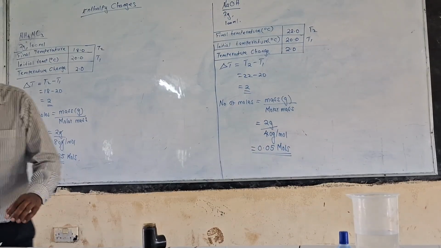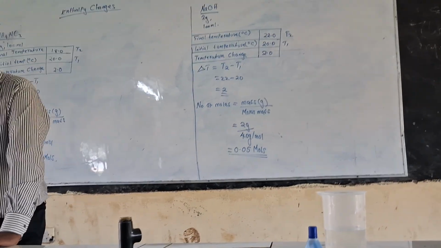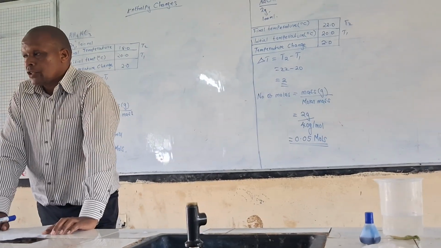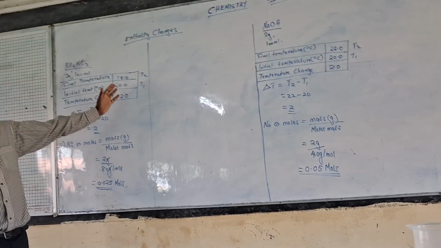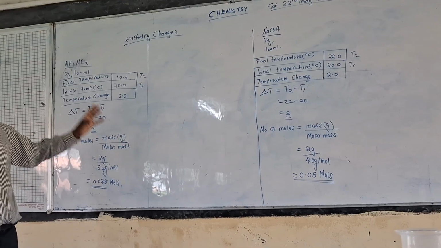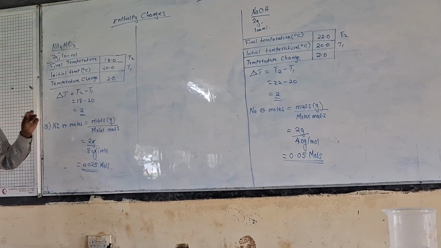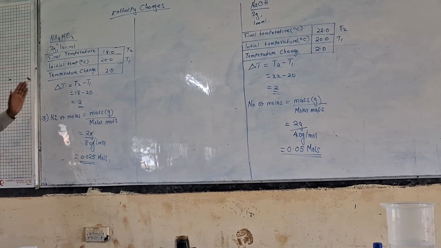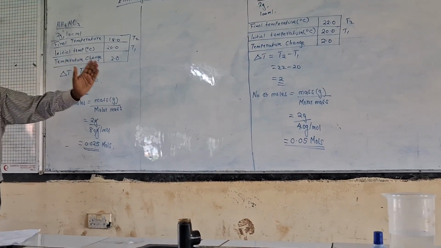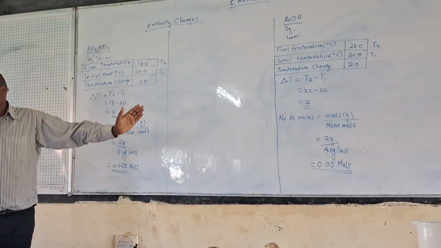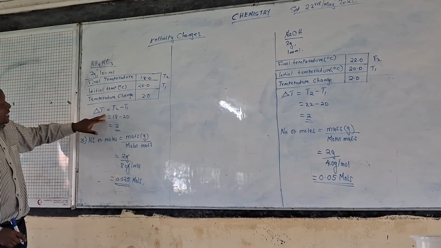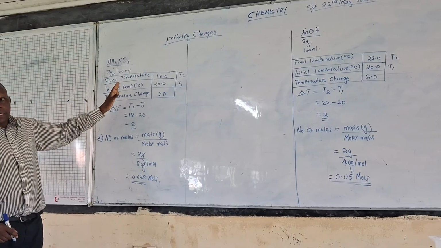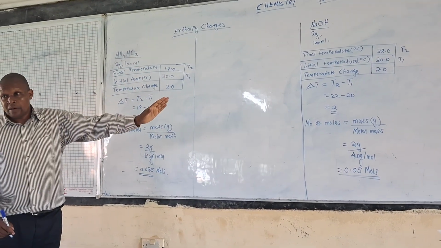Next question. Calculate the enthalpy change for the reaction. I hope you are seeing there are two questions in one. There's the question for ammonium nitrate and the question for sodium hydroxide. So you have calculated the temperature change for ammonium nitrate and the temperature change for sodium hydroxide.